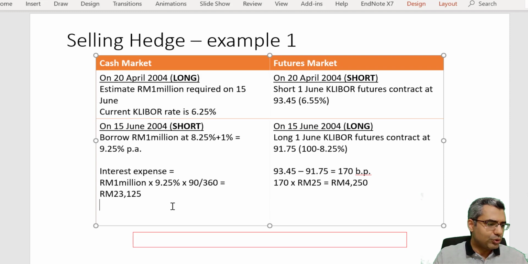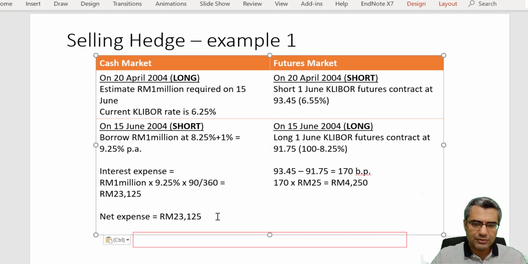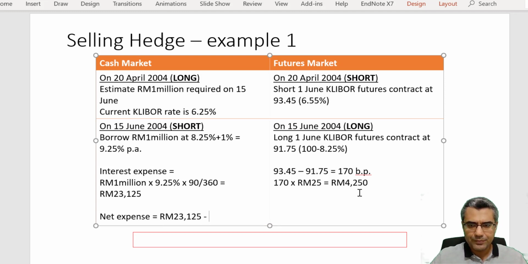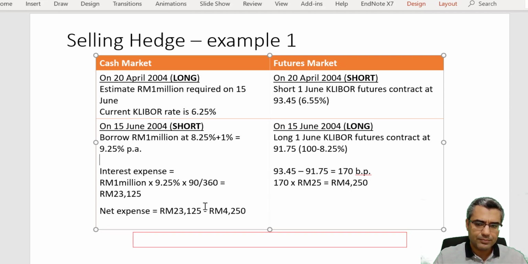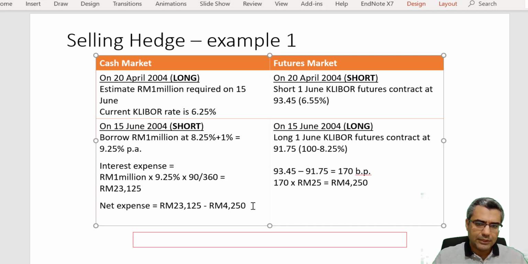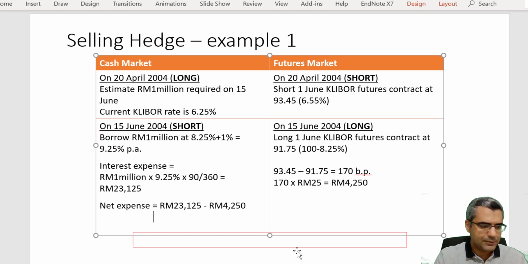So, yeah. So your net expense, borrowing expense, will be 23,125 minus 4,250 ringgit. In other words, your net expense for this borrowing is 18,875 ringgit, right?